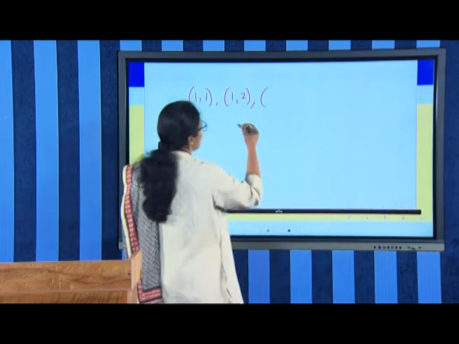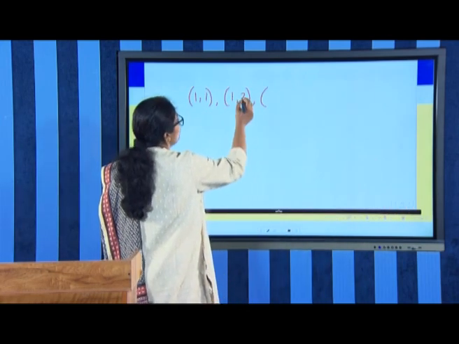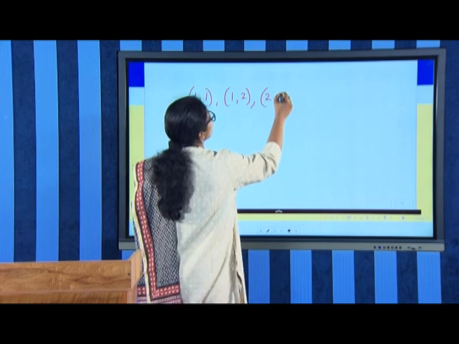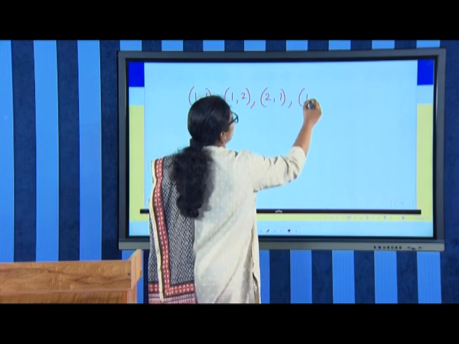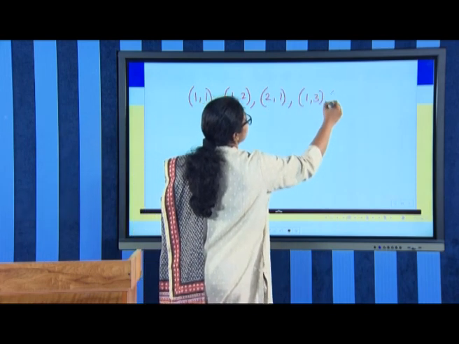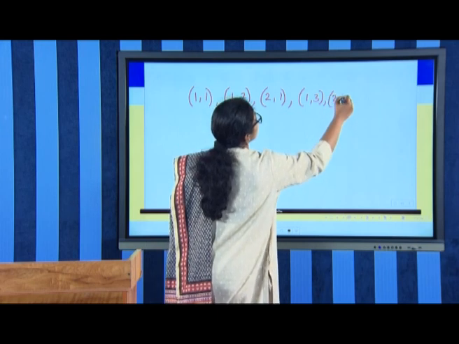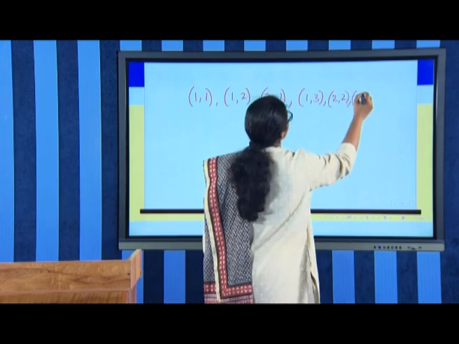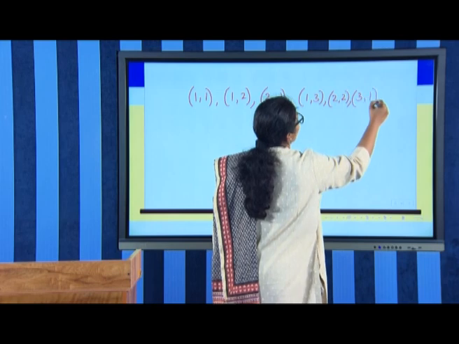So we arrange the numbers in this order: (1, 1), (1, 2), (2, 1), (1, 3), (2, 2), (3, 1) and so on.